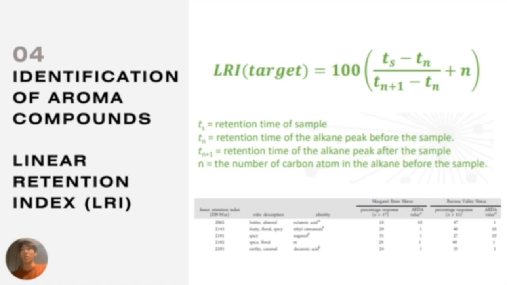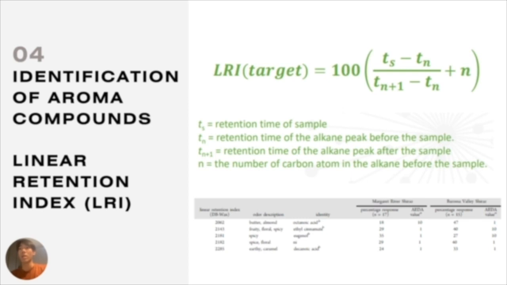In this particular study, identification was performed by calculating the linear retention indices using an alkane C5 to C30 series and the obtained values from prior analysis. Then the values are compared against LRI values from a database to fully confirm the identity of the compound.